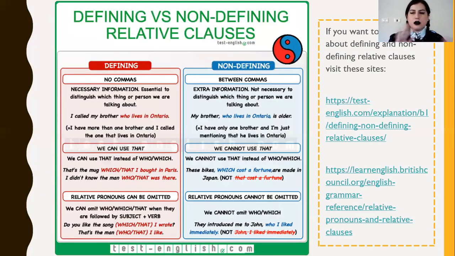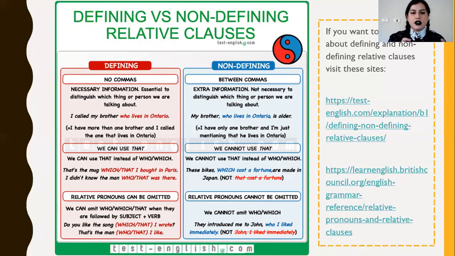Here's a table with some specific data that we can use for this. So for example, defining relative clauses don't use commas. You don't separate them with commas in the sentence. But non-defining relative clauses, you have to use commas between them, okay? Then we have that.